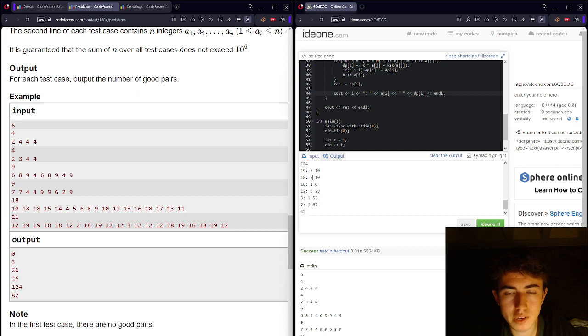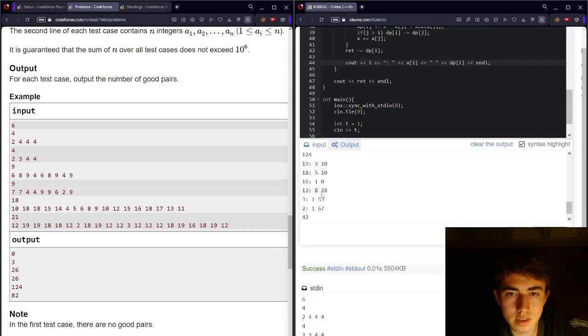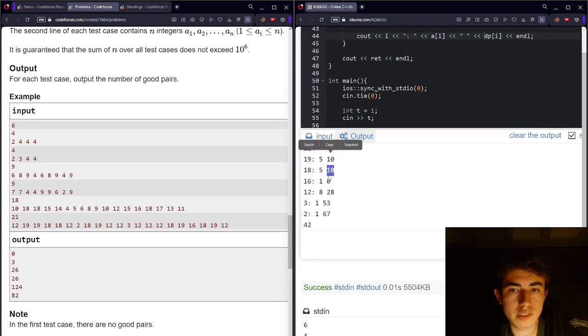So we have 5 values of 19, and that's 10 pairs. 5 values of 18, and that's 10 pairs. 1 value of 16, no pairs. 8 values of 12. That's 28 pairs, sure. Wait, 8 times 9 is 72. What? 8 times 9. No, 8 times 7, 56, 28, yeah, sure.